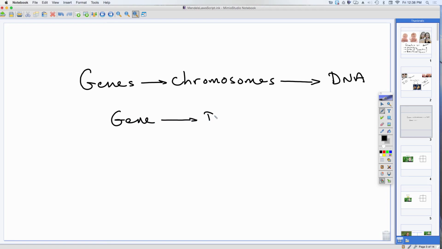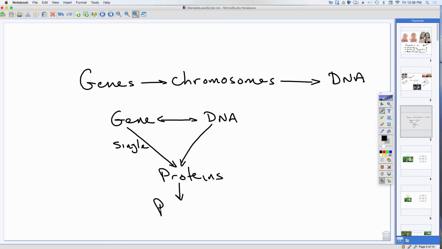And that is, your DNA has many genes, and a single gene, or your sequence of DNA, codes for proteins, and these proteins give you your phenotypes, which are your physical characteristics.